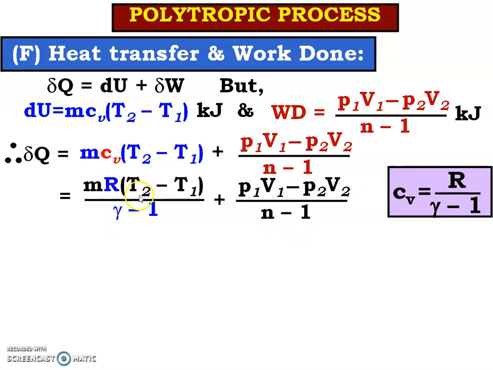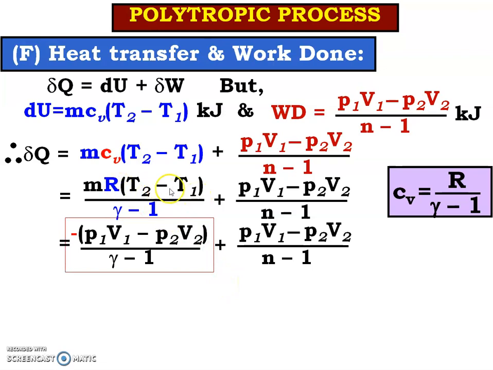Now here it is MRT2, so we can write down P2 V2, and MRT1, so we can write down P1 V1. So we will get P2 V2 minus P1 V1. But we can take the minus common. So we will get (P1 V1 minus P2 V2) divided by gamma minus 1, plus (P1 V1 minus P2 V2) divided by n minus 1.